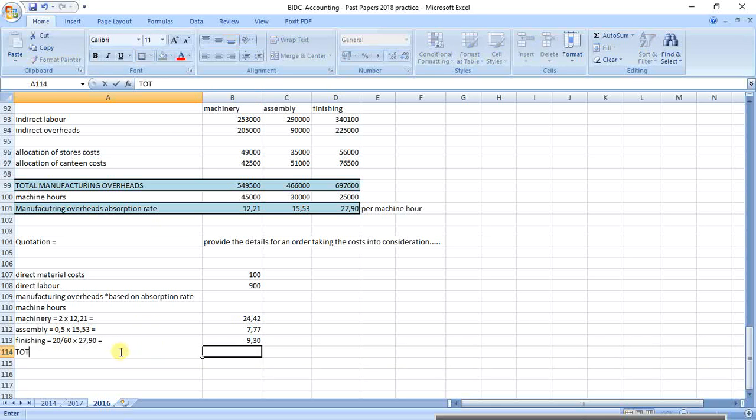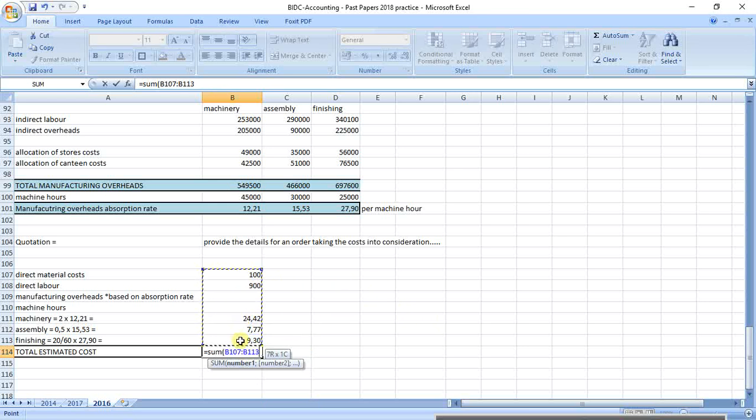Total estimated costs is the sum of all of that. That represents how much you would be charging them, plus the margin. Yes, so then you'd have to add 40%.